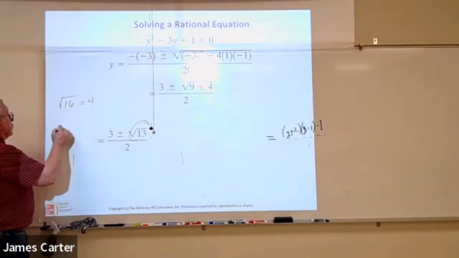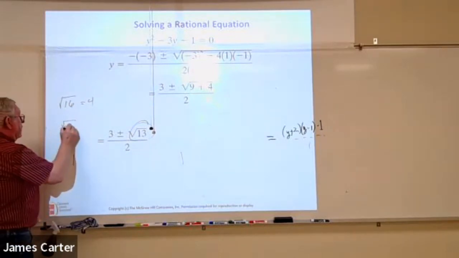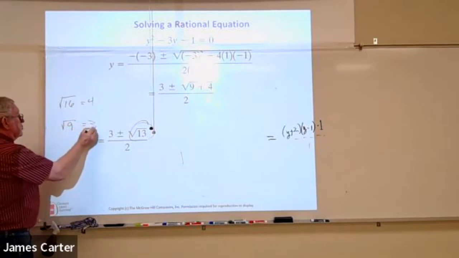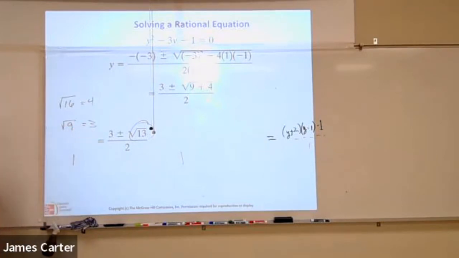The next perfect square is square root of 9 is 3. Right? 10, 11, 12, 13. There's 4 between them. So halfway between them would be just about a 3.5.